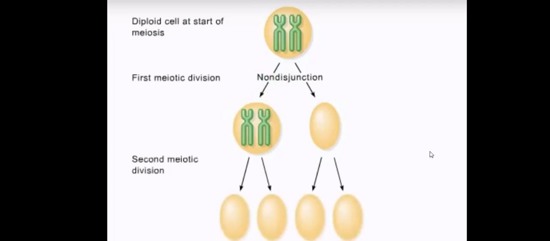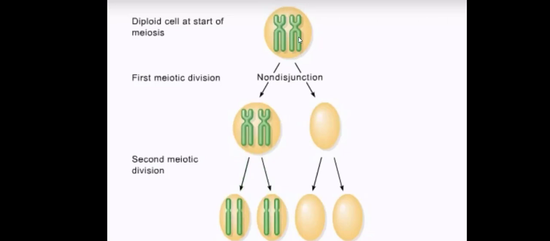The other two cells produced from one cell have no copy of this chromosome instead of the usual one, while these two cells contain an extra copy of the chromosome.